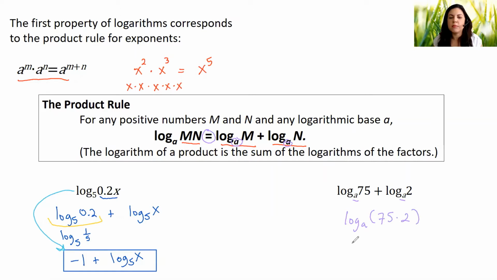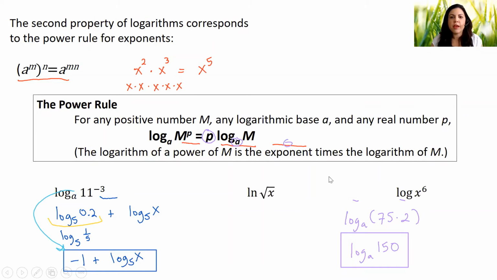And if we actually multiply and find that product, 75 times 2 is 150. So using that product rule, this expression simplifies to log base a of 150.